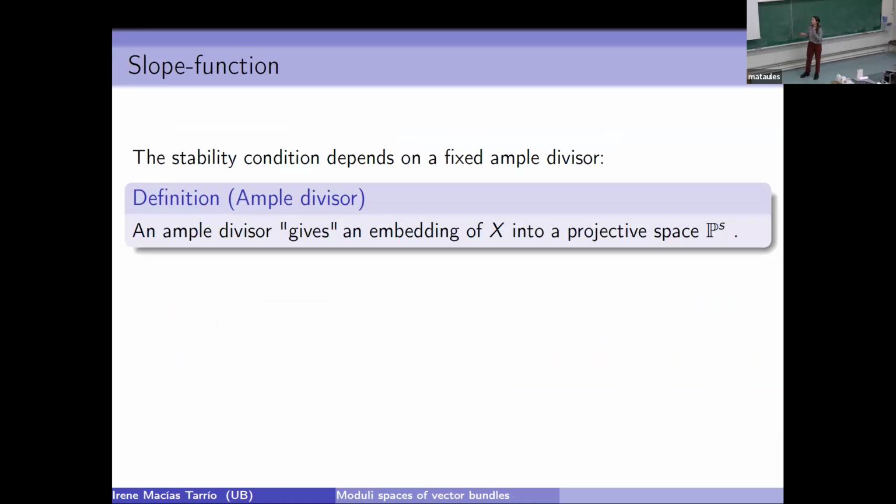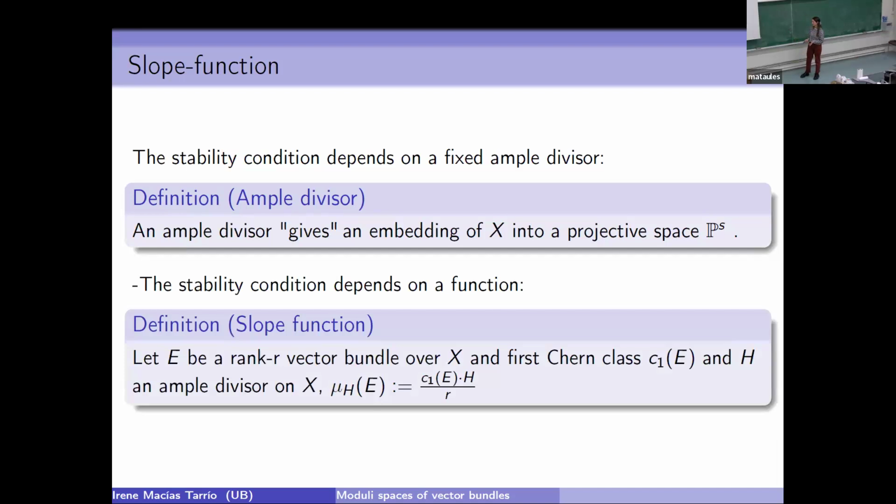Roughly speaking, an ample divisor defines an embedding of our variety in projective space. This will not be exactly this, but this is the idea. So we fix one divisor of this kind, and we can define this stability condition with respect to this ample divisor. This stability condition depends on this function.